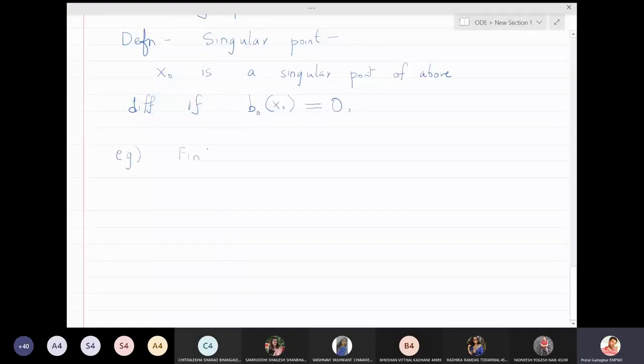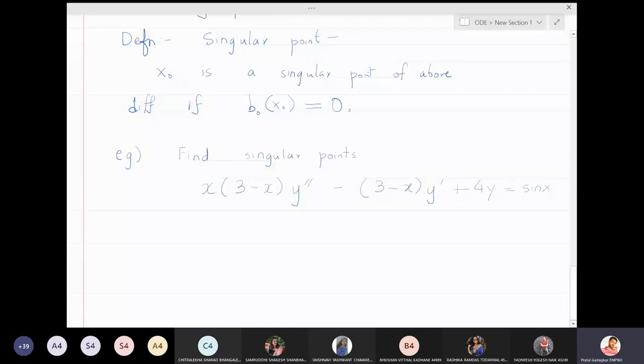Find singular points of x(3 minus x)y double dash minus (3 minus x)y dash plus 4y is equal to sine x. So here, what is the coefficient b naught?